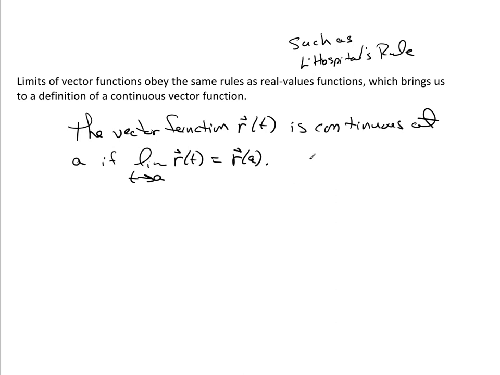This is actually simply saying that the vector function is continuous at a only if the component functions are continuous at a.